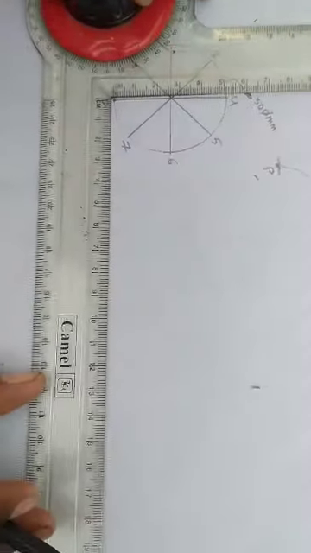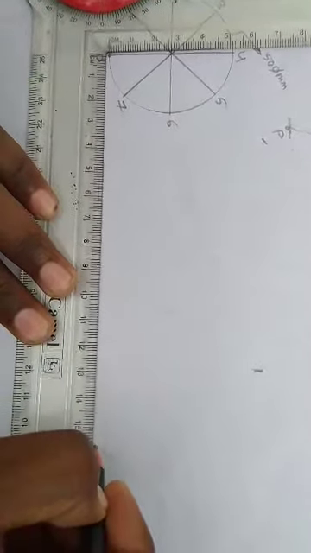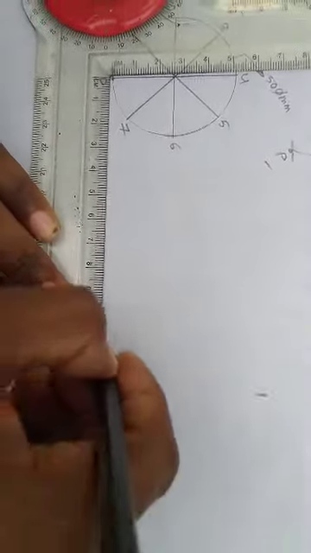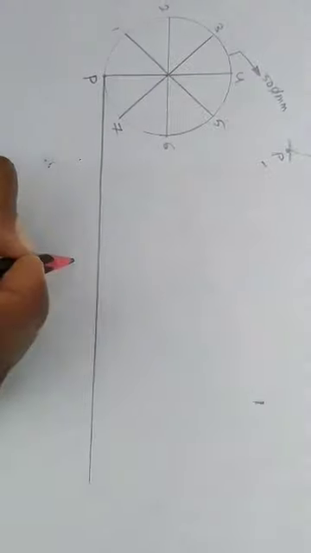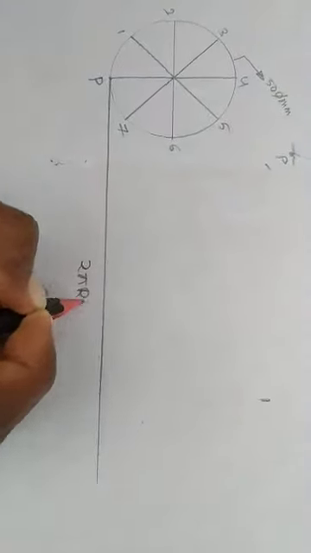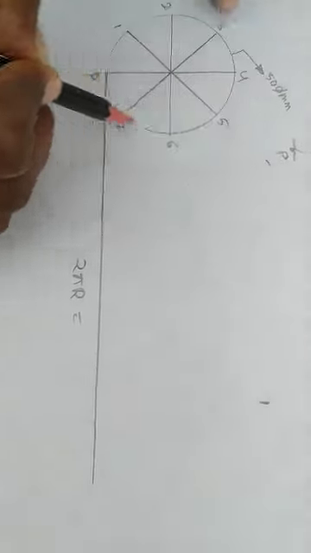From point P draw a line up to 157.1, which is 2 pi r, the circumference of the circle.